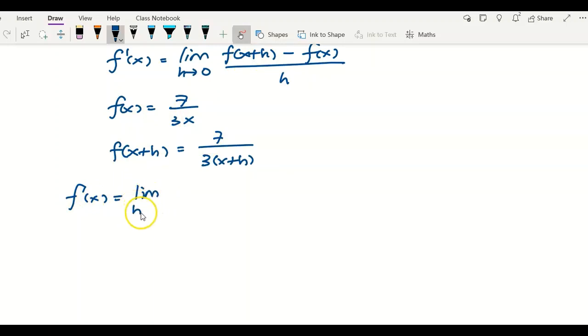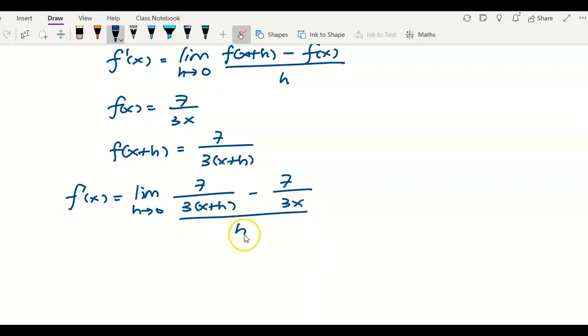This is a limit. And f(x+h) is 7 over 3(x+h), which we have found just now, minus f(x), and the whole thing over h.